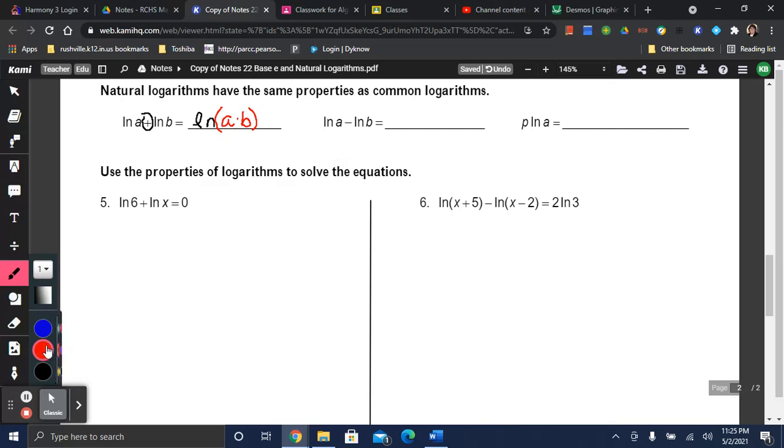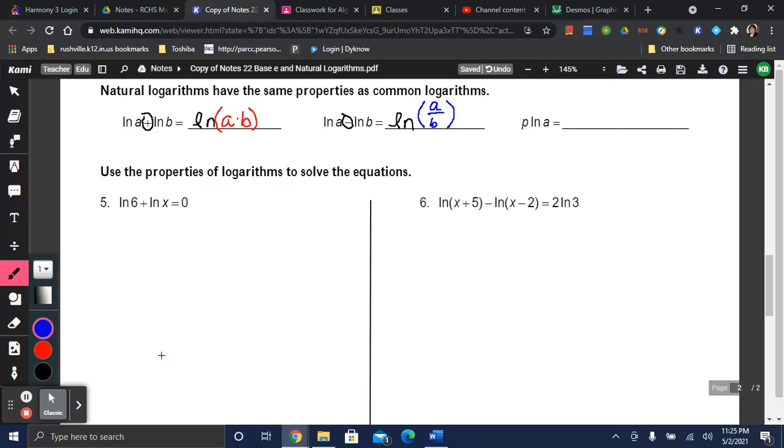If you have subtraction and you have 2 logarithms, you can convert that to a single logarithm. Subtraction will convert to division, so a over b.